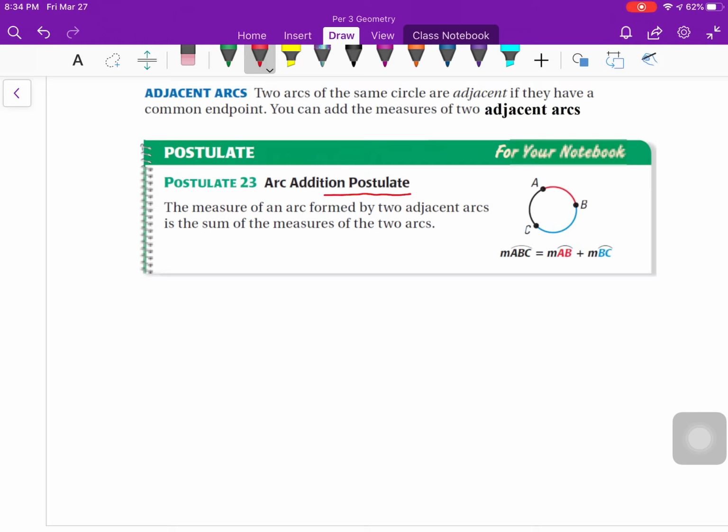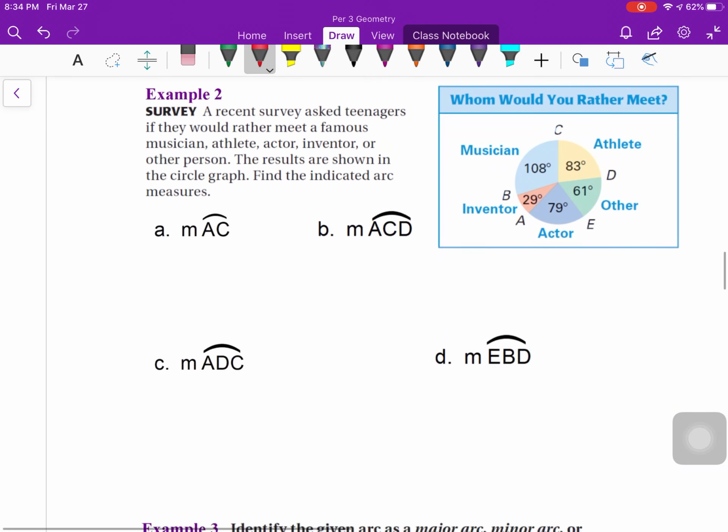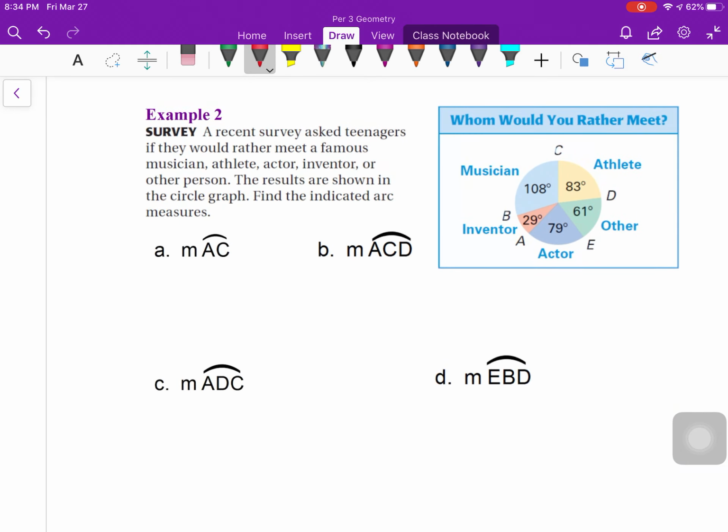The arc addition postulate. The arc addition postulate says we can add the measure of two adjacent arcs together to get the measure of the entire arc that's formed by the two arcs combined. If you look at the diagram, they've asked us to find the arc AC.